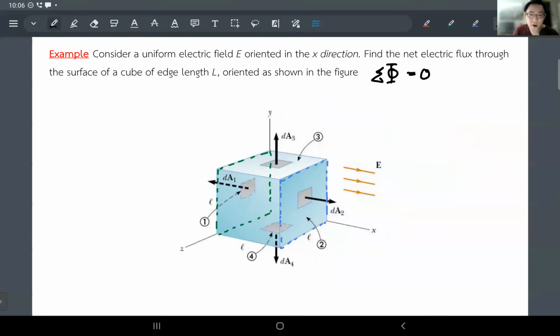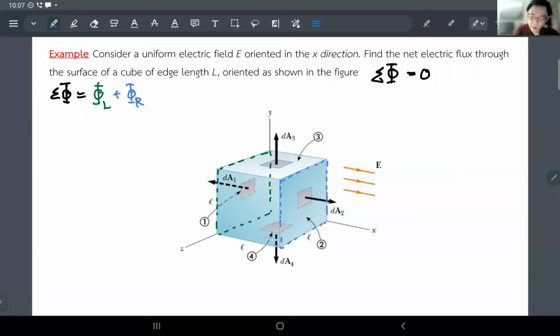All right, let's do the calculation, shall we? We understand more about how to calculate flux. So what I'm going to do is this. The net flux is going to be the flux going through the left side, so let me call it flux L, on the green surface there. Then there will be the flux on the right side that I highlighted in blue.